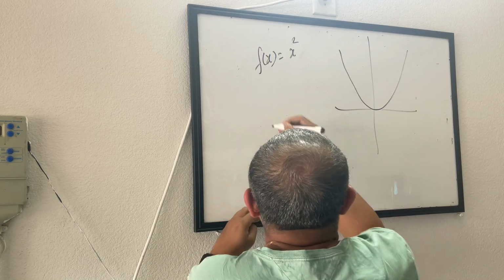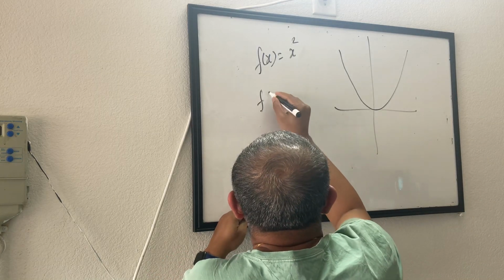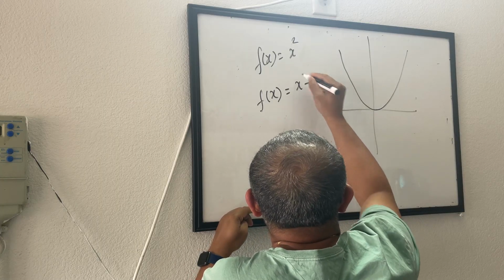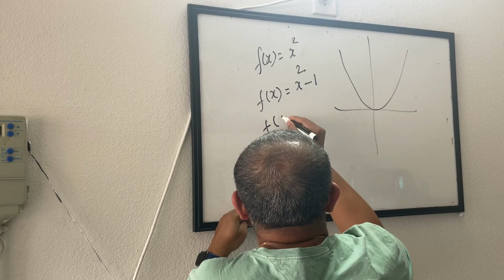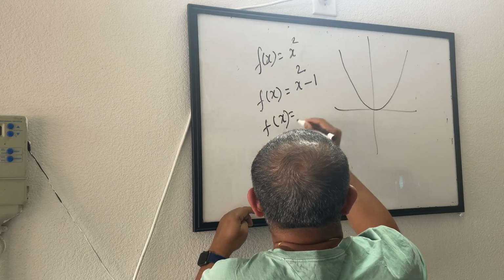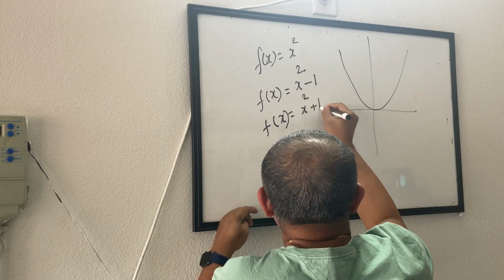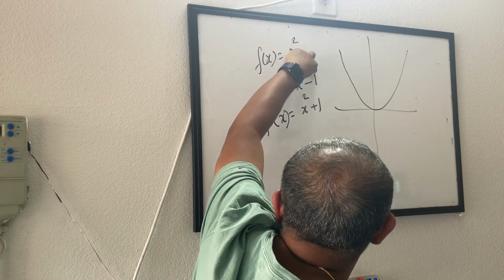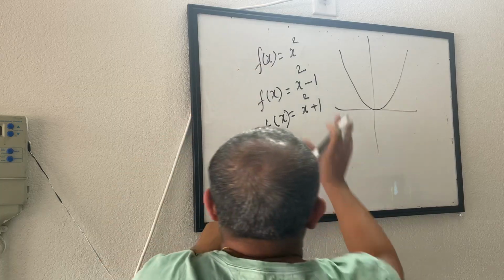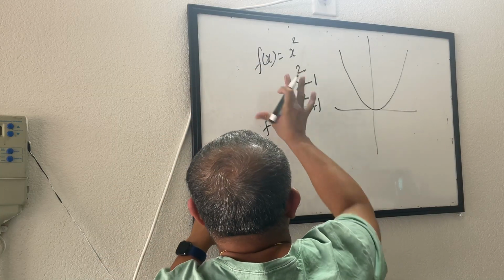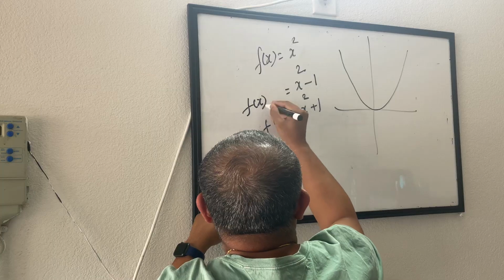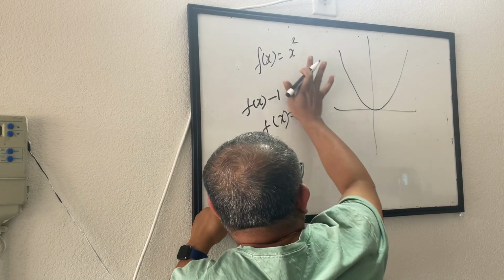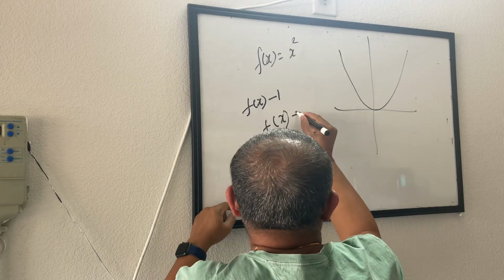If I say plot other graph, which is x squared minus 1, plot other graph, which is x squared plus 1, meaning I'm saying if f of x is this, if I do x squared minus 1, or let me put it this way, f of x minus 1, what happens? If I say f of x plus 1, what happens?